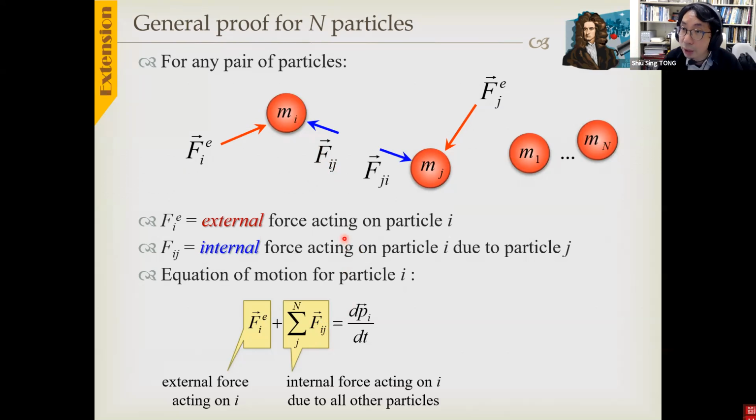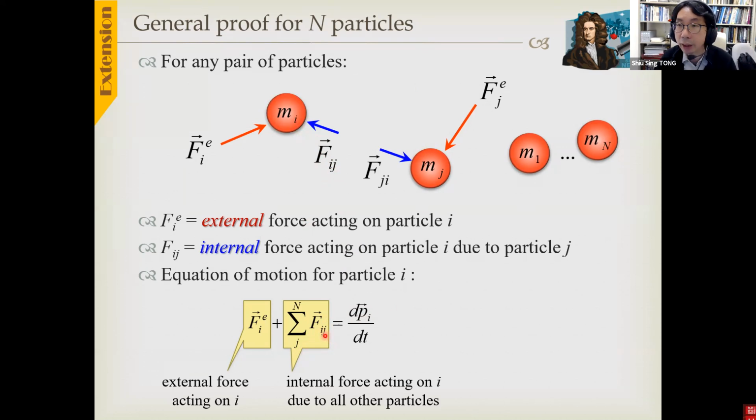So I have to form a sum. Because for the particle I, there may be many other particles exerting a force on it, right? So I have to sum over J. J is a sum from 1 to n, okay? There may be many other particles that have a force acting on it. So I have to form a sum over all these other particles.